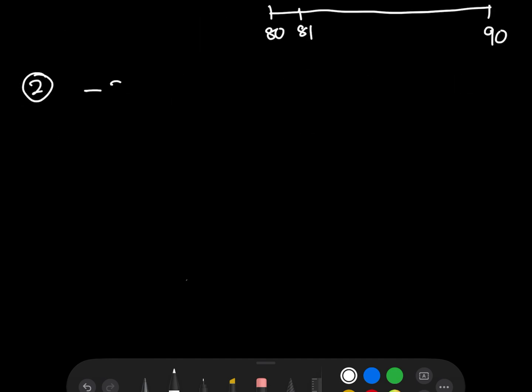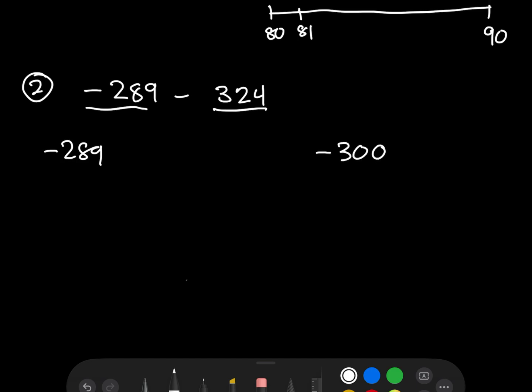So let's say you have negative 289 minus 324. As you can see here, you have three-digit numbers, so we can round these numbers to the nearest hundred. Negative 289 lies between negative 300 and negative 200.